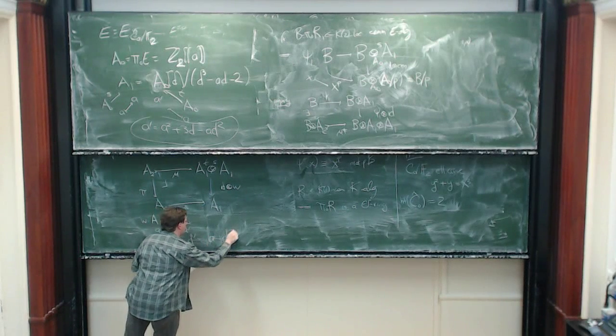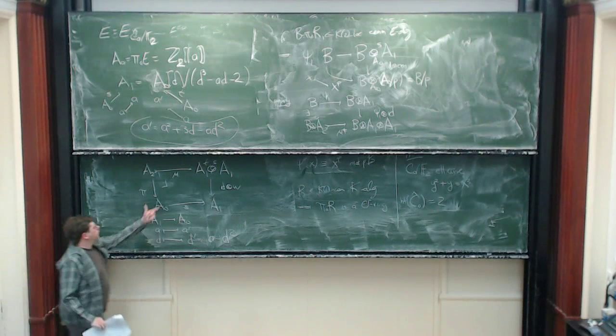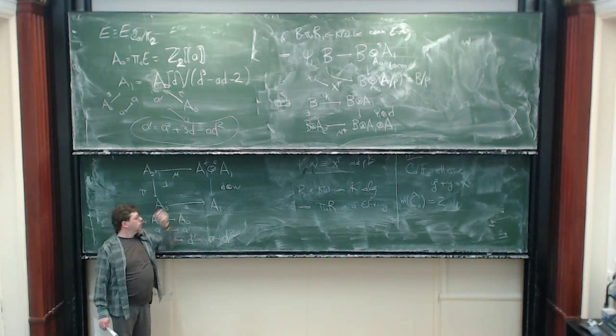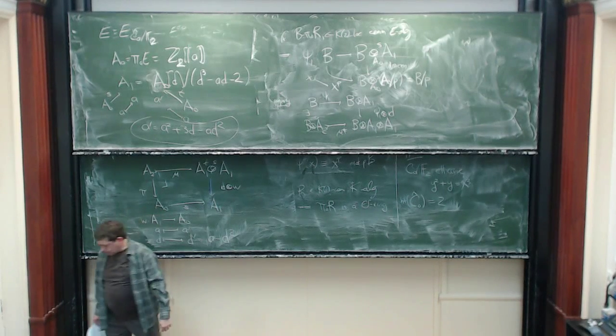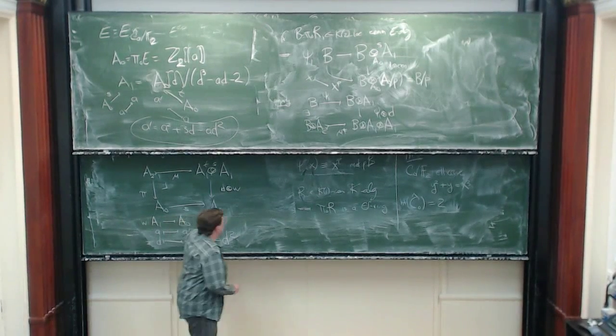But let me tell you what this means. This expresses the map that represents a composite of isogenies. W is a map that expresses the dual of an isogeny. So in height 2, something special happens.